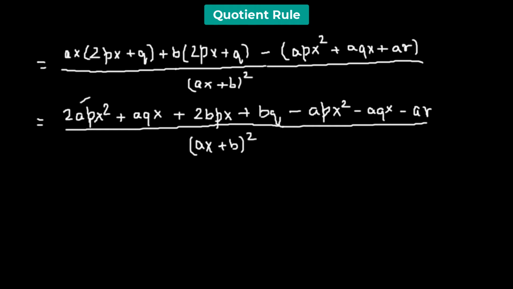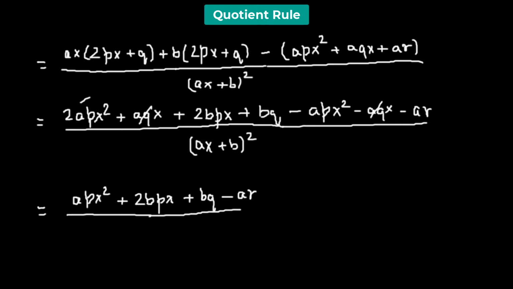Now I can combine 2apx squared and negative apx squared. The aqx and negative aqx get cancelled, so we get apx squared plus 2bpx plus bq minus ar over ax plus b whole squared. So this is the derivative of the given function with respect to x.